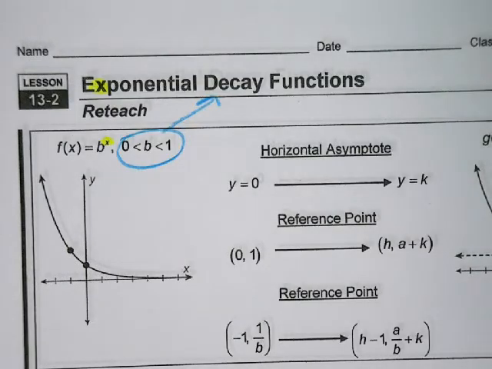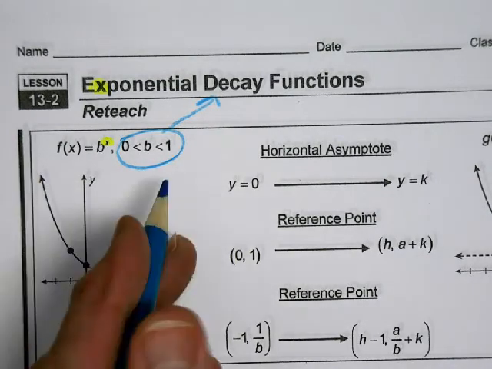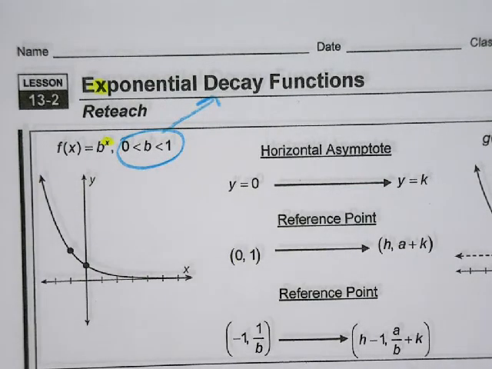So connect the dots. That's our job as mathematicians, is to connect the dots. Literally, right? The dots are the inputs and the outputs, and when we connect those dots, then we have ourselves this beautiful line that has certain characteristics.